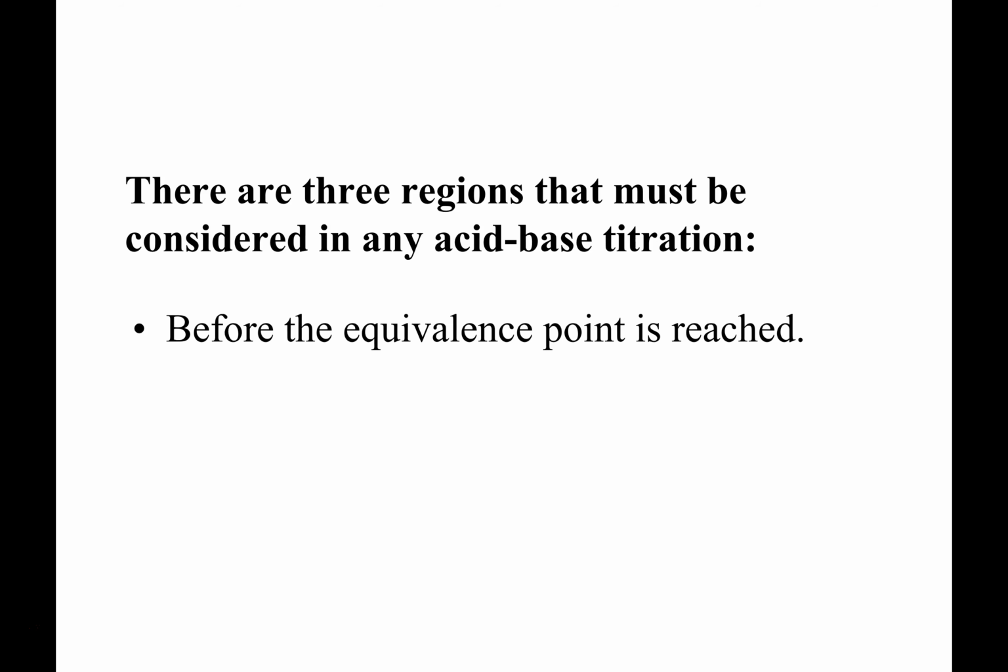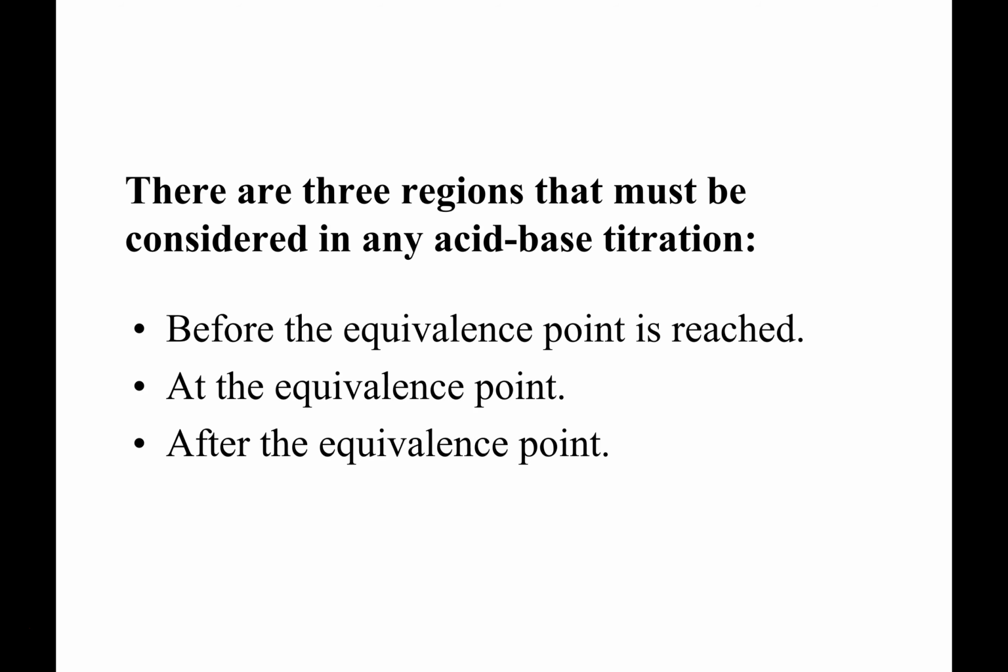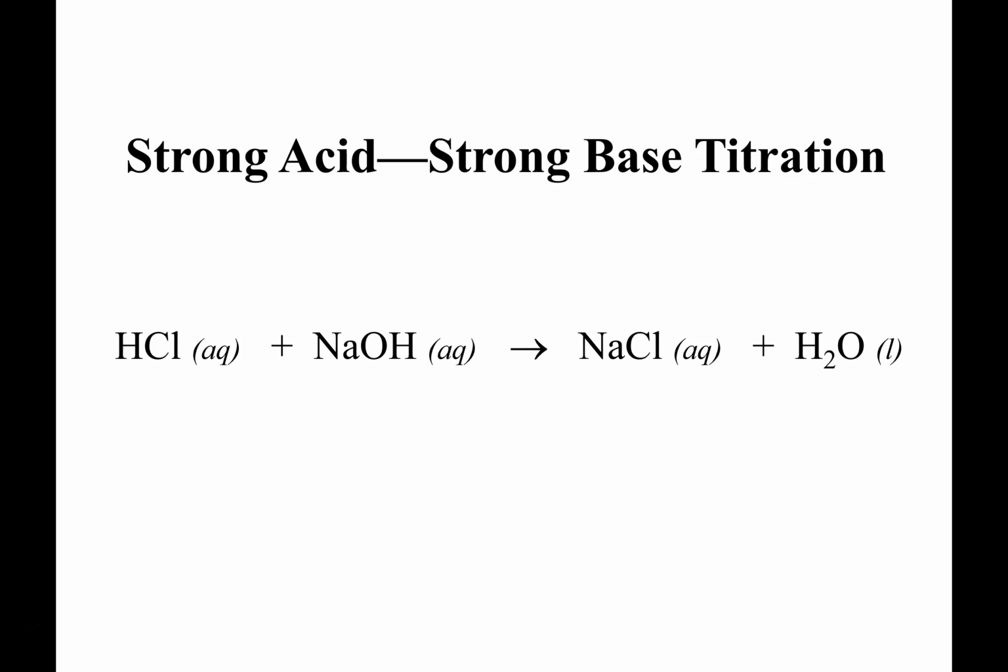The equivalence point is where you have dripped in the same number of moles of titrant as you have moles of analyte, or I should say they are stoichiometrically consumed, okay? There's different chemistry going on before the equivalence point, at the equivalence point, and after the equivalence point. So you're going to need to be able to find where that equivalence point is. That's a Chem 1 thing.